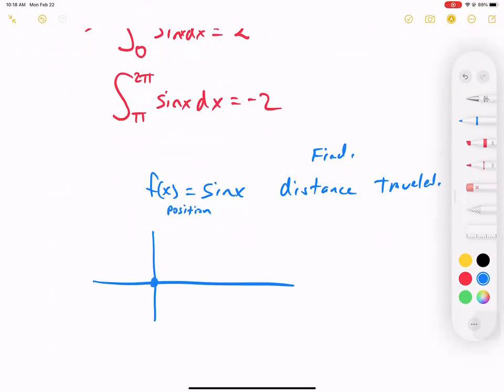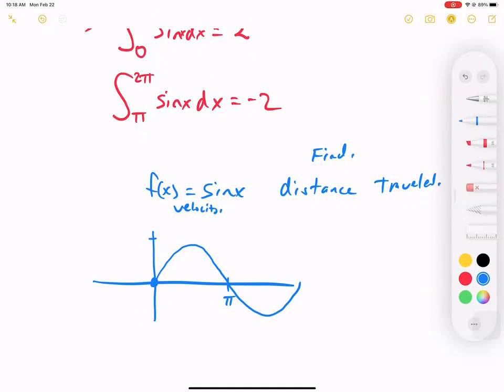And as the graph goes to pi, okay, we go up. Actually, no, this is velocity. Darn it, this was the wrong thing. This is velocity. Okay, sorry, change it to velocity.